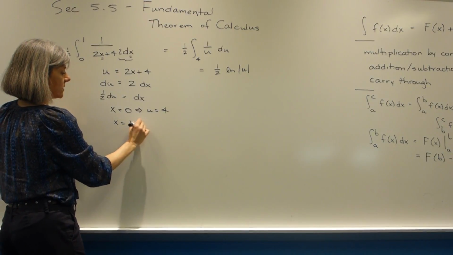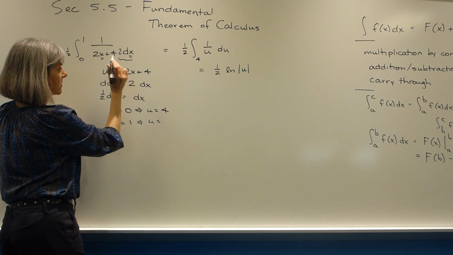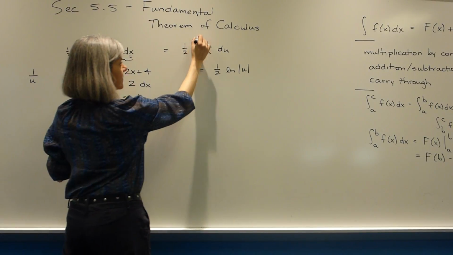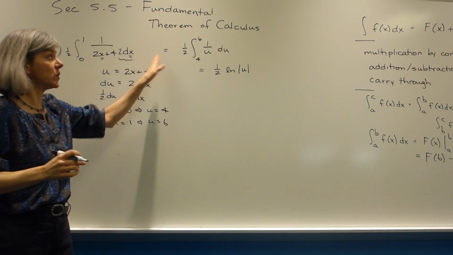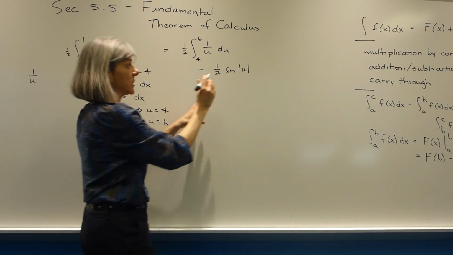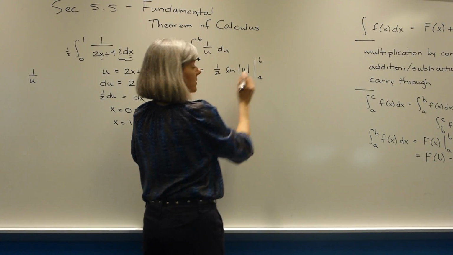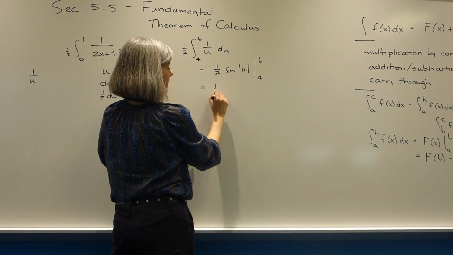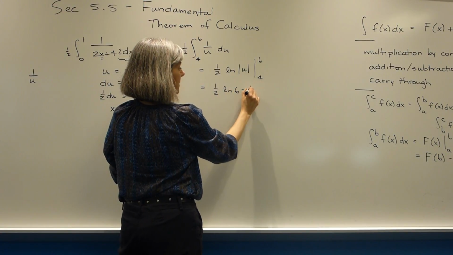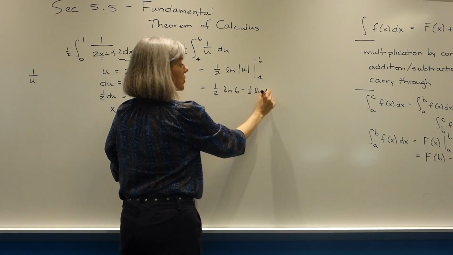If x equals 1, u equals 6. Those are u limits. That's fine. U limits go with u variables. This is a completely reasonable way to do it. And so then I would get 1/2 ln 6 minus 1/2 ln 4, which you should recognize is what we got before.